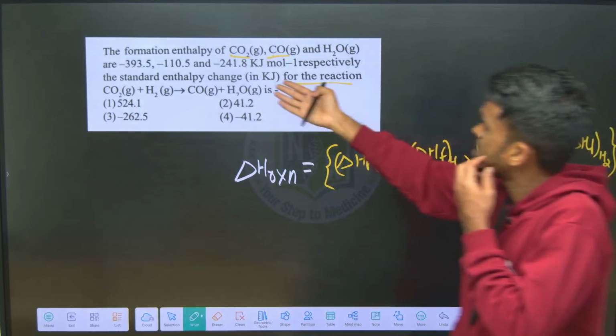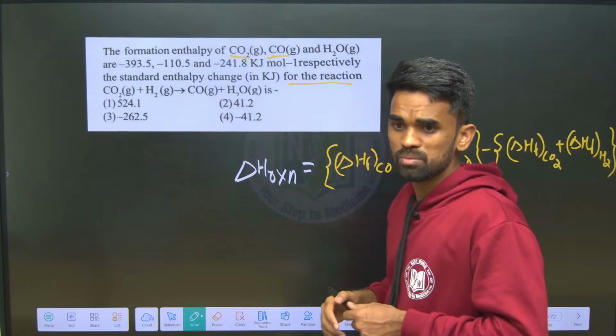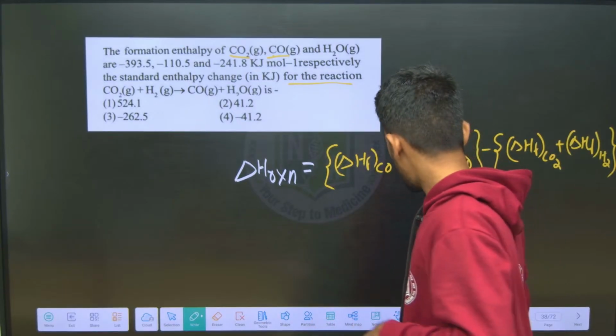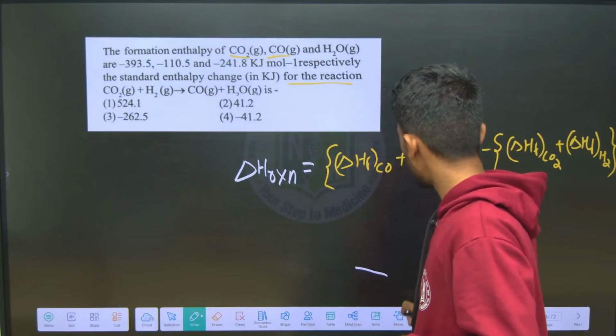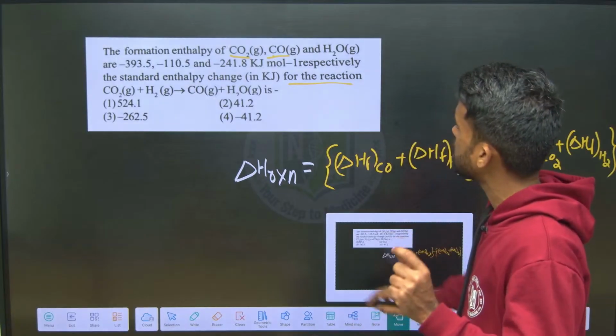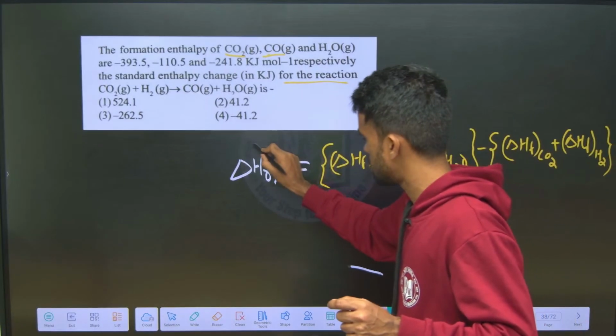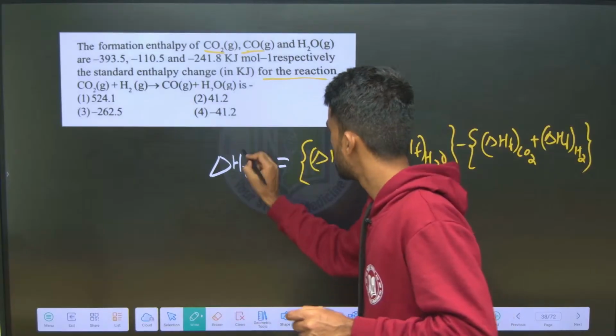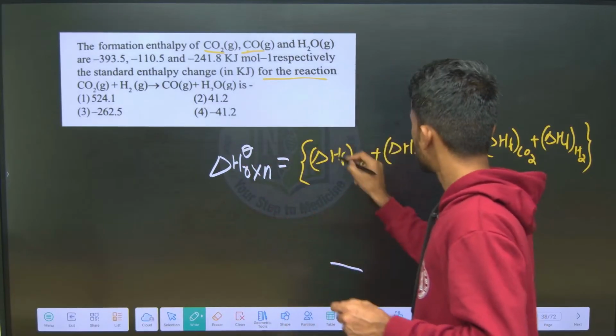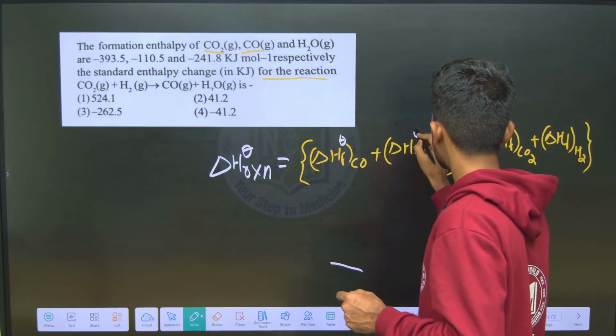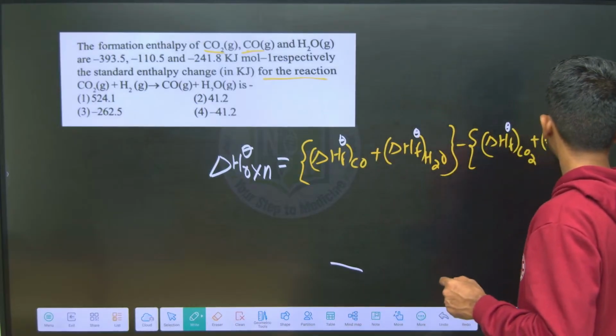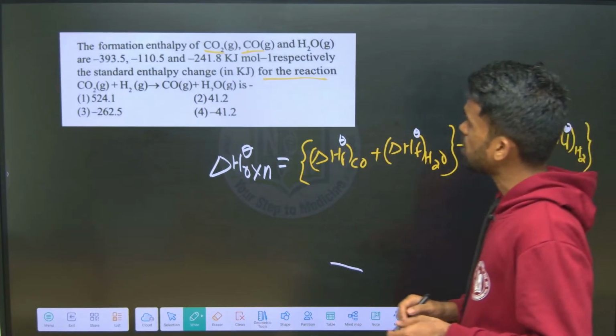Because in its standard state, the standard enthalpy of formation will be 0 for hydrogen. So whenever this is standard, you just represent it like this. So substitute the values over here.